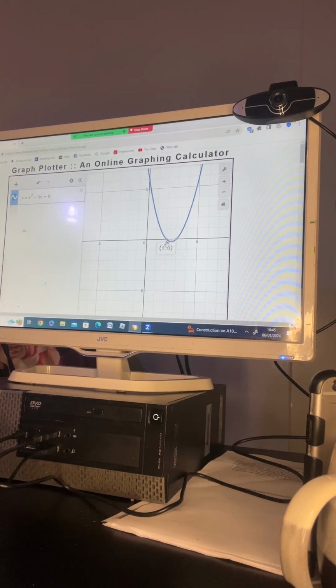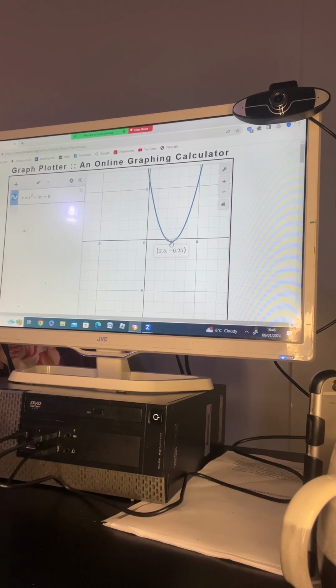So this is 0, 1, 2, 3, 4, 5. So where is our h here? Our h on the vertex, which was 2.5, is here. This one here is 2.5 for the x value, and minus 0.25 for the k, the height, this one here.